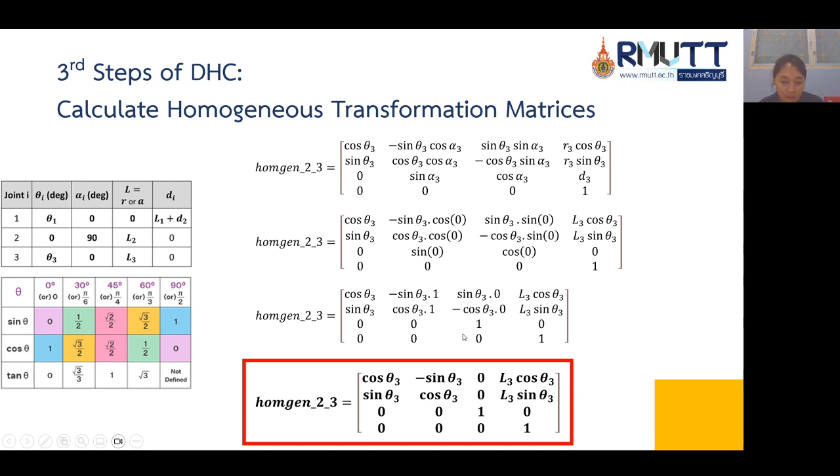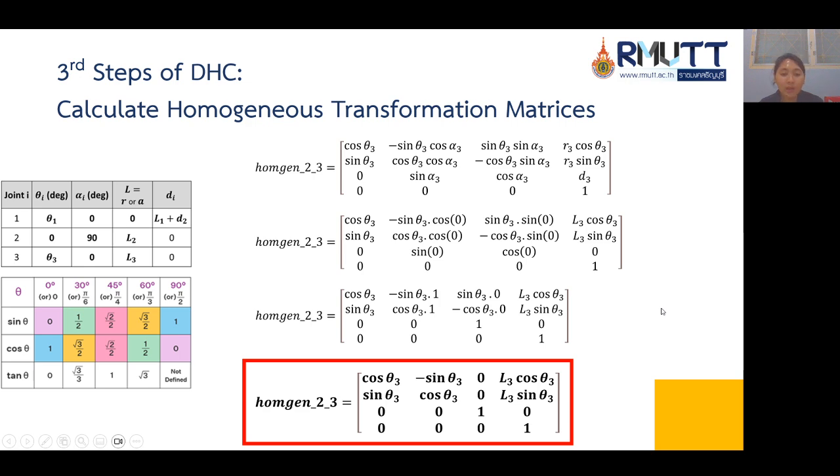And after that, we get the homogeneous transformation matrix from frame 2 to 3: cos theta 3, minus sin theta 3, 0, L3 cos theta 3; sin theta 3, cos theta 3, 0, L3 sin theta 3; and then 0, 0, 1, 0; and the last row 0, 0, 0, 1.